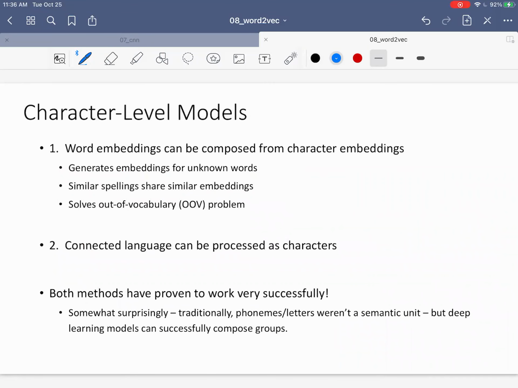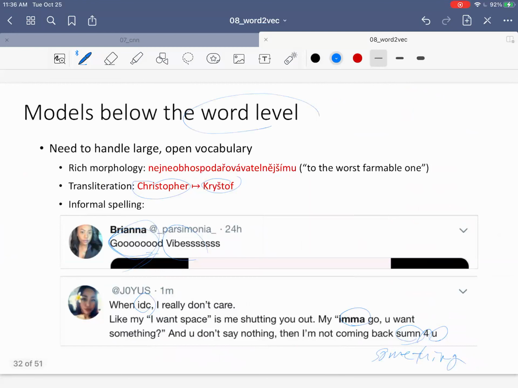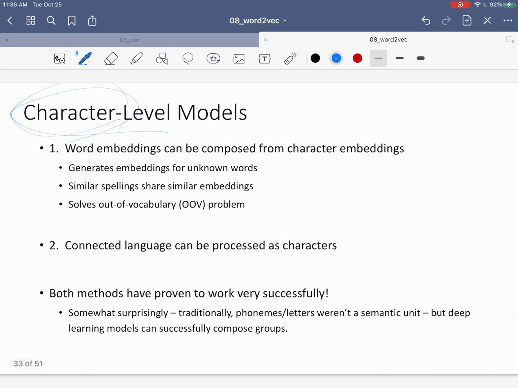Before we get into subword, you can naturally think of a simpler solution, which is based on characters. If word level is not flexible enough for you, then you can go down to the character level. You can just say, cat can be broken down into C-A-T, boy can be broken down into B-O-Y.